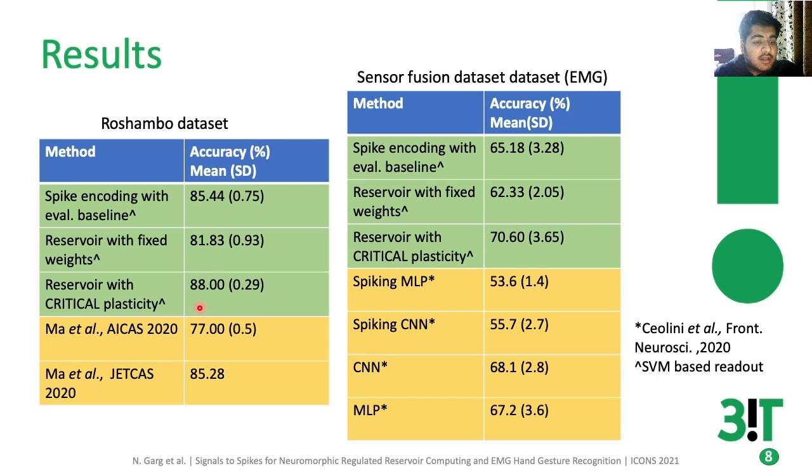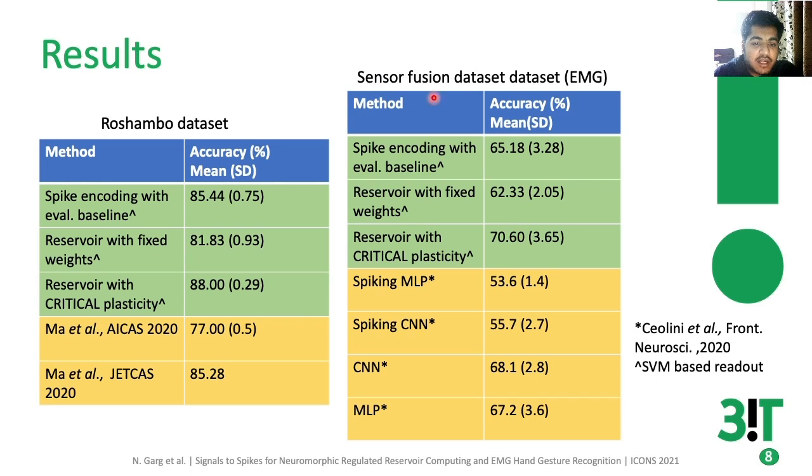We notice that the spike encoding and evaluation baseline performs better than the reported studies which use reservoir computing. We also note that the reservoir with fixed weight performs worse than the spike encoding baseline, and the reservoir with activity regulated with critical plasticity performs the best.